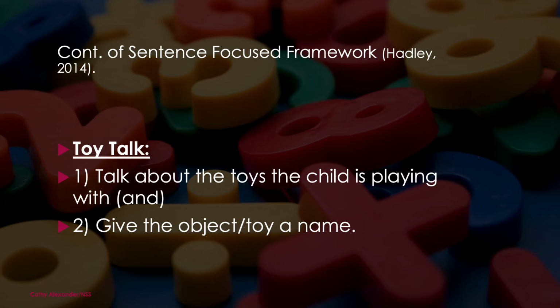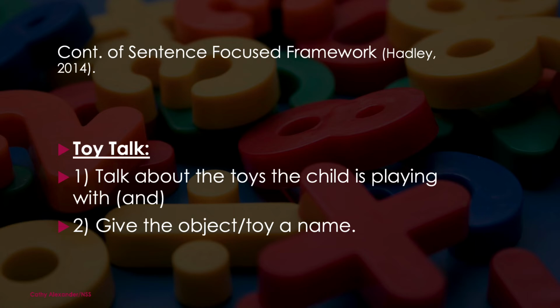So here we're not teaching the verbs, we're changing the subject. One way to teach parents to encourage the child to use known verbs with different subjects is called toy talk. Toy talk, you talk about the toys the child is playing with and you give the object toy a name.